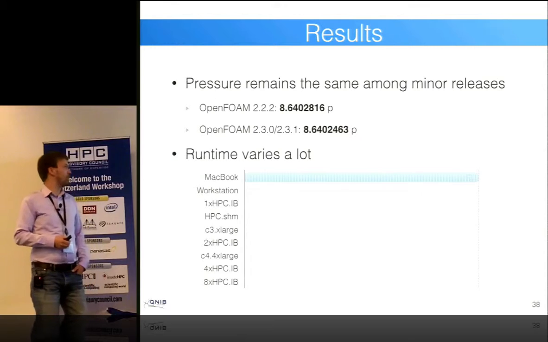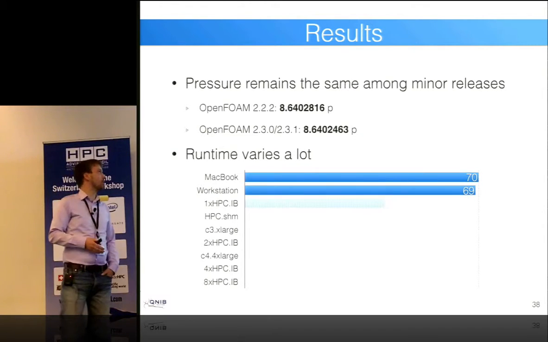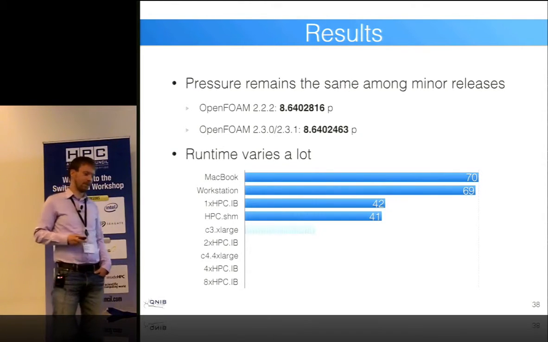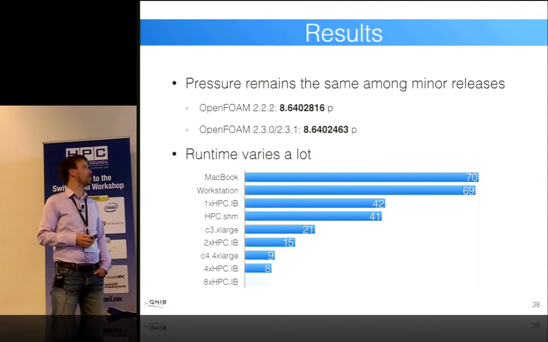The runtime, though, varies a lot. On my laptop, it took over an hour. The workstation, since I don't game anymore, so it's a pretty old one, was fairly the same. And you can see the bars. One node of the HPC cluster with shared memory and InfiniBand was 40 minutes. C3 X large, which has 4 virtual CPUs, but the Haswell generation, was 20 minutes.